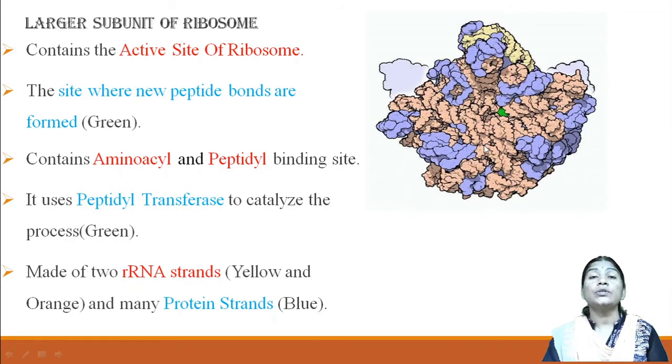The larger subunit of the ribosome is made up of two rRNA strands. In the diagram, the yellow and orange strands are the ribosomal RNA, and the blue strands are the protein strands.